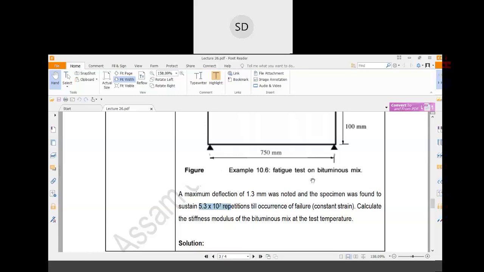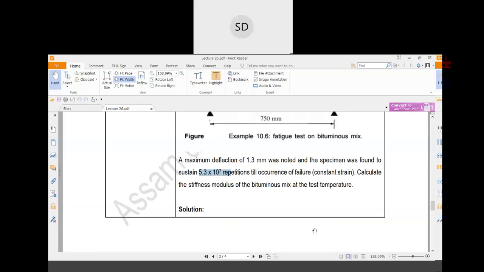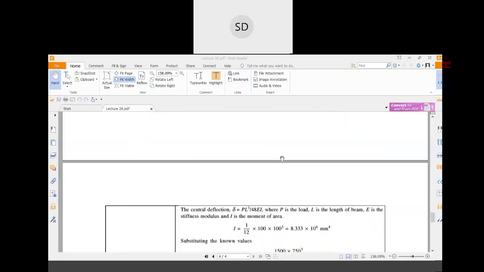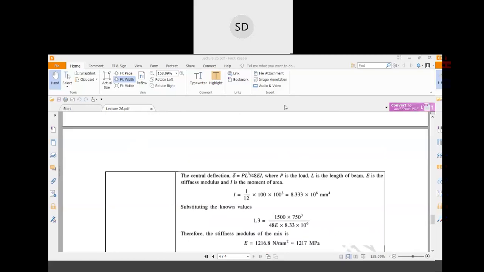Now you have to calculate the stiffness modulus of the bituminous mix at the test temperature. So how to calculate this?